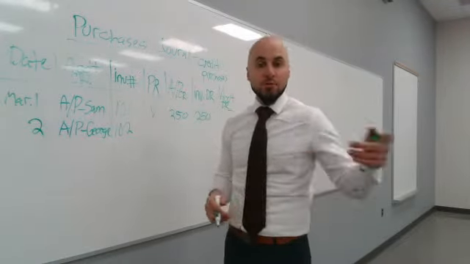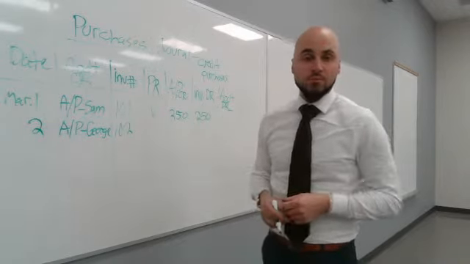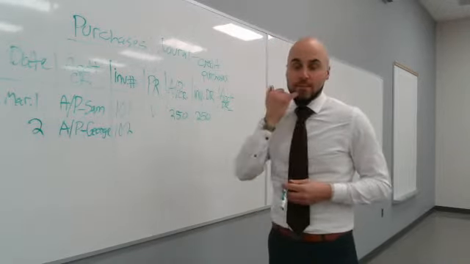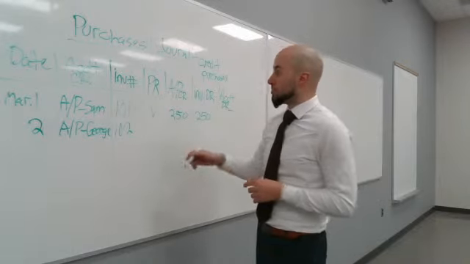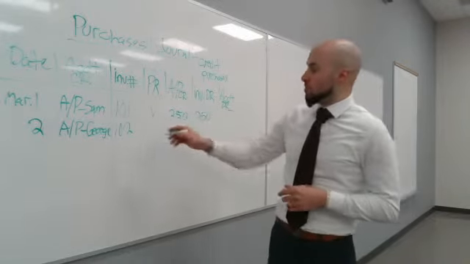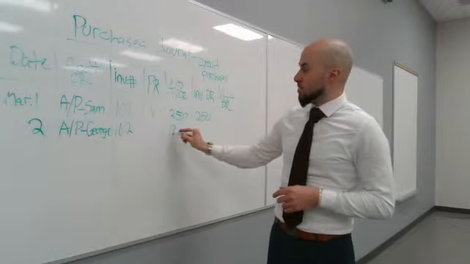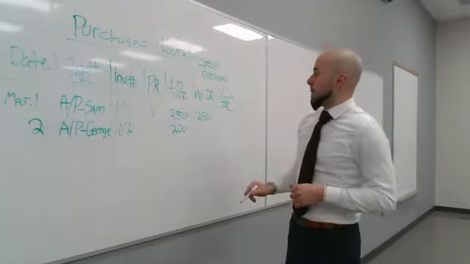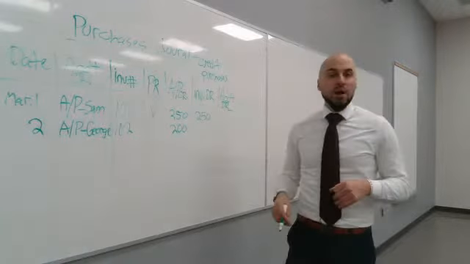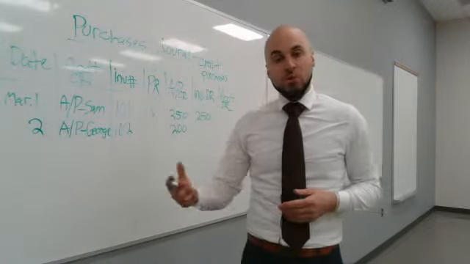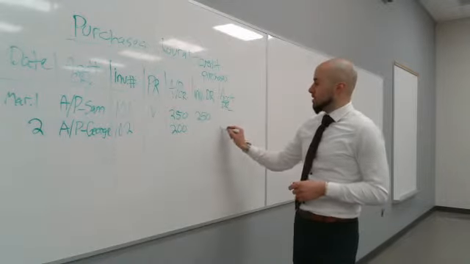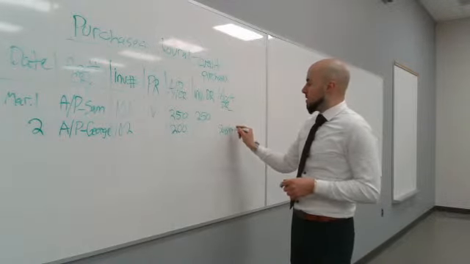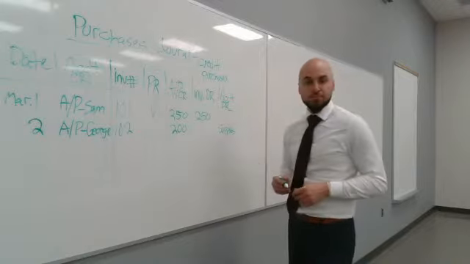You can see examples of them in the textbook, in the PowerPoints, but I'm sure you've seen them in your practical dealings as well. Accounts payable to George, let's say 200. Okay, and now let's say we're not buying inventory from him, but instead we're buying supplies. So here is where you will specify supplies.